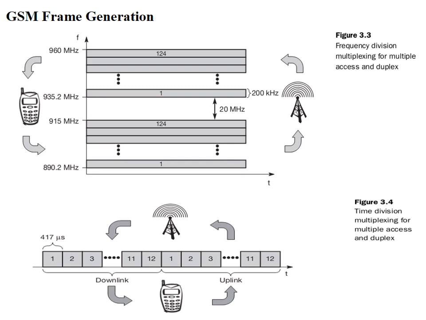It means if the uplink frequency is 890 MHz plus 0.2 times n MHz, then the downlink frequency becomes uplink frequency plus 45 MHz. That is, downlink frequency is equal to 935 MHz plus 0.2 multiplied by n. Here small n is a certain channel.